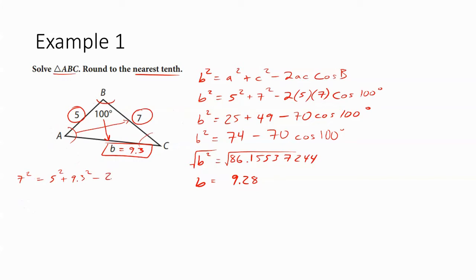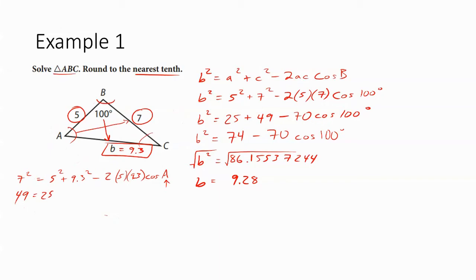I don't know. Minus 2 times 5 times 9.3, times cosine of A. Now, if you notice, the only missing variable you have in this setup is the angle itself. So let's go ahead and clean this up. We got 49 here. We got 25 here.